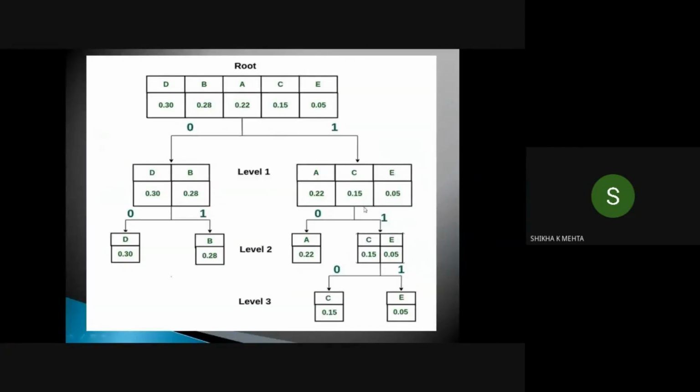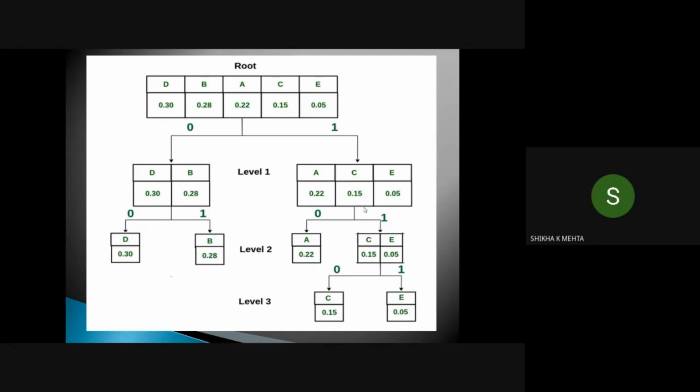Similarly, in the left child we have only two nodes, so we just split them: the left is assigned 0 and the right is assigned 1. On the right-hand side, we have three characters. A is 0.22, and if we try to split between C and A, there will be an imbalance between the two.